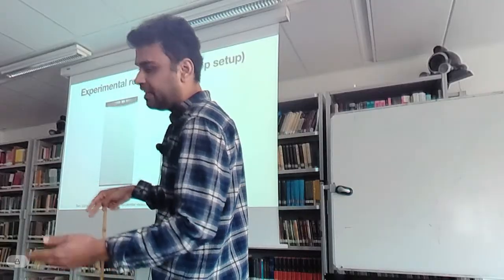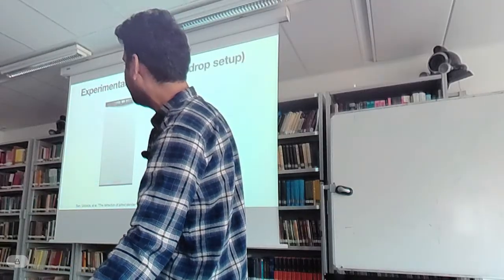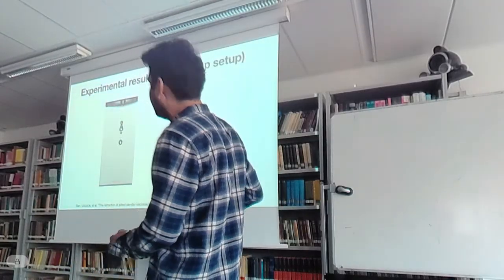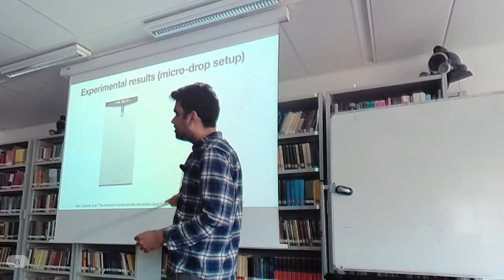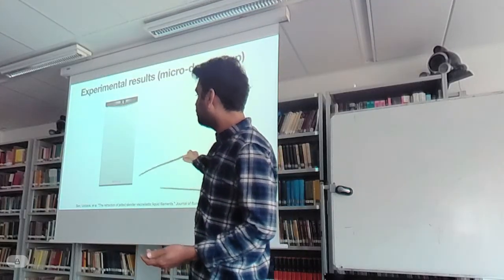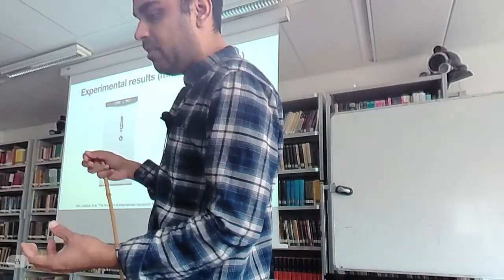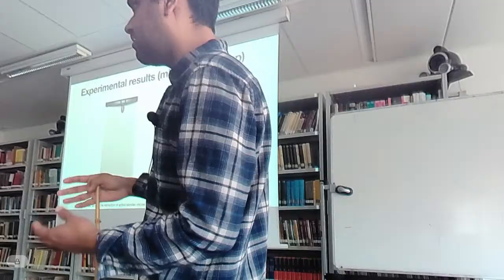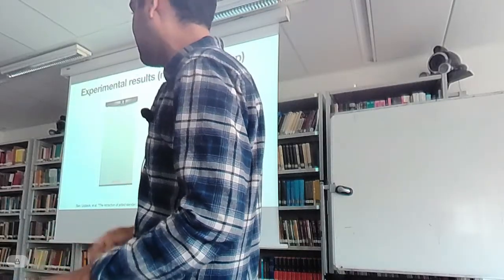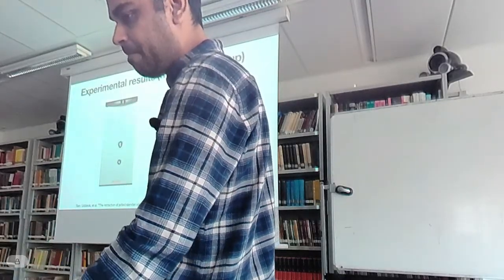Some experiments were already done in the lab with respect to this using a micro drop setup. So it's not exactly inkjet, but they were generating jets of water. And what they found is at certain driving conditions, you can produce this kind of breakup where you have a head droplet followed by a tail droplet, which is what is referred to as a satellite droplet, which can be bad for printing.